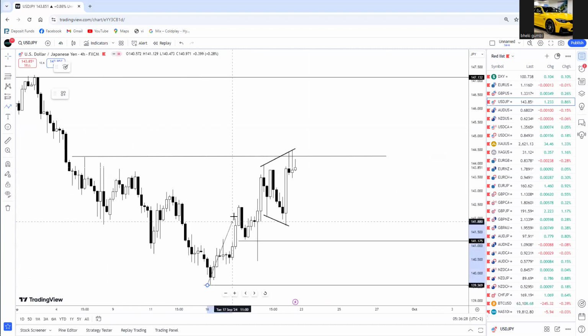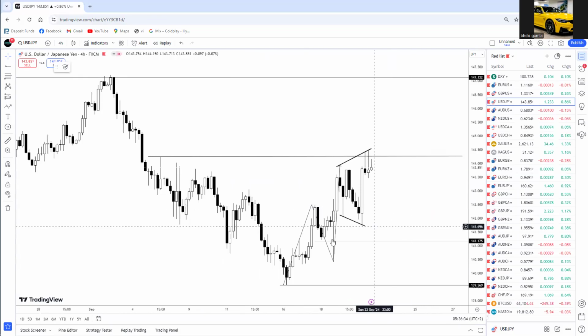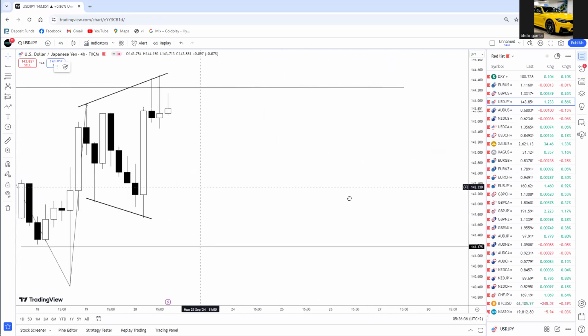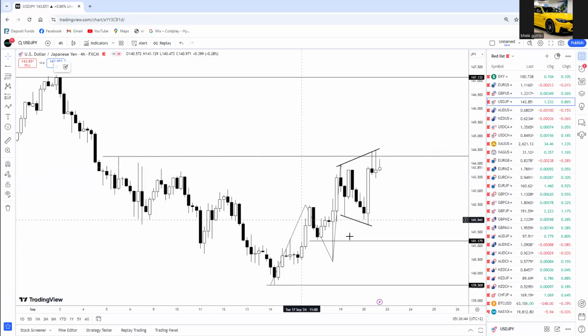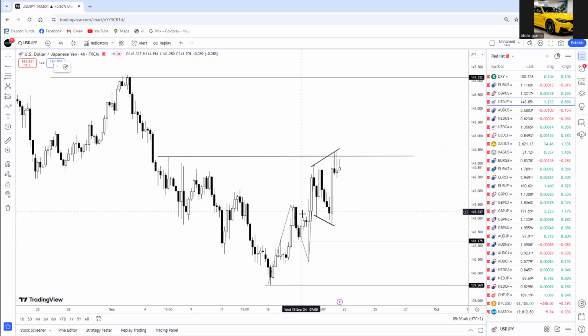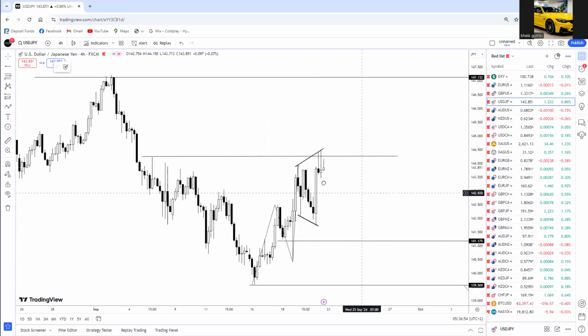So if you look at it this way, we have 1, 2, 3, which is one move, and then they gave us this correction drop, which also has another 3 move inside. And currently now you had the correction, they break out.